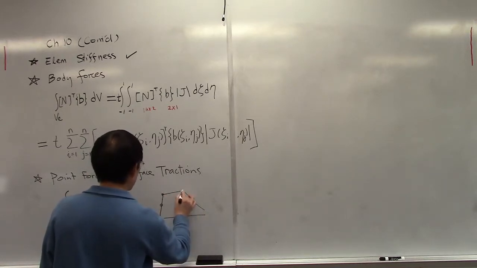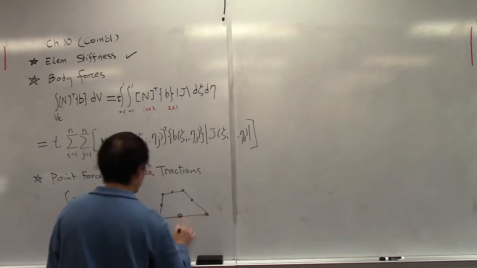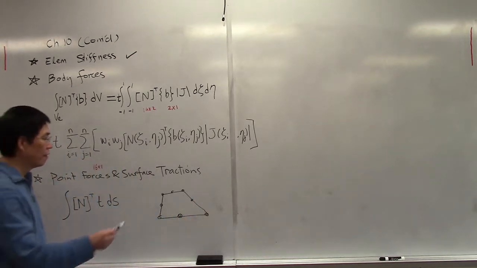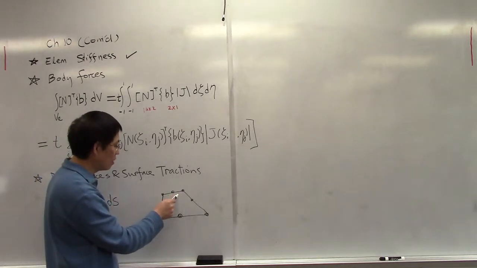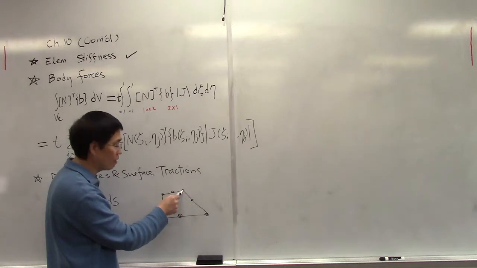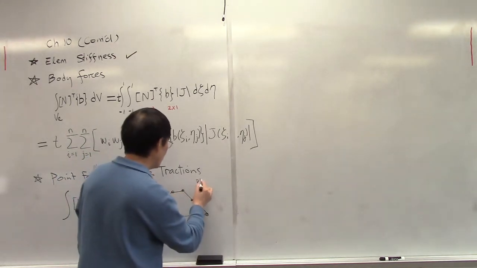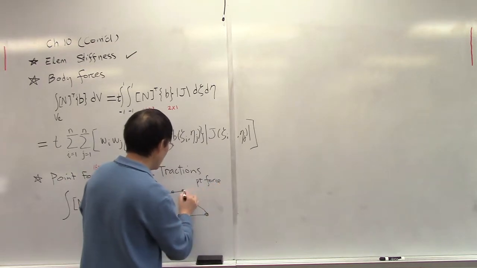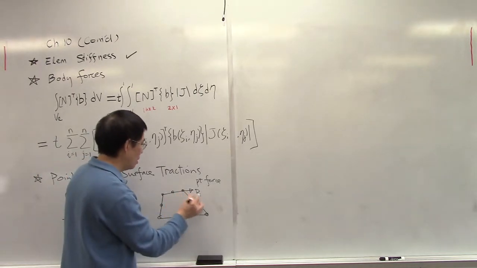Okay. Therefore, if it turns out you have an element, for a particular element, if, for example, let's say for this node there is a point force. So this is a point force of, let's say P1, in this direction, P1x.